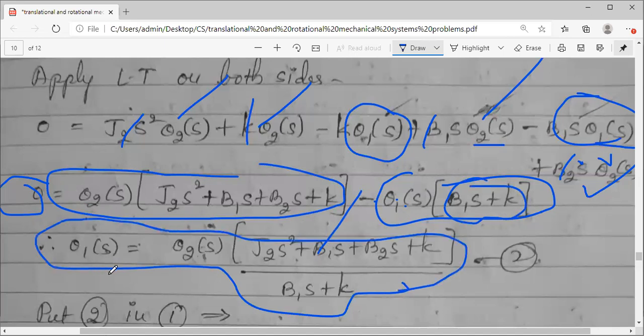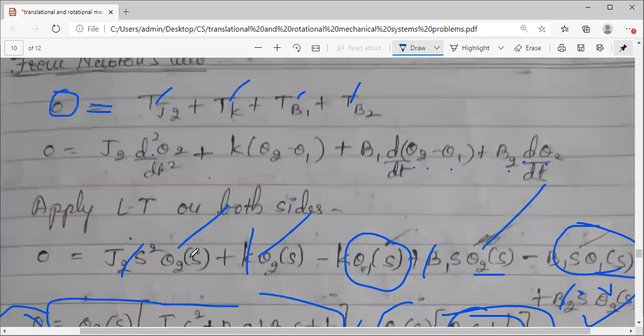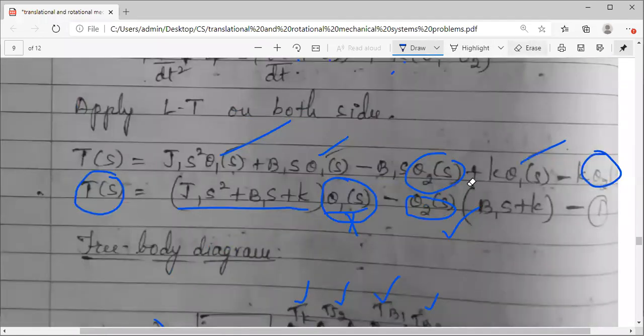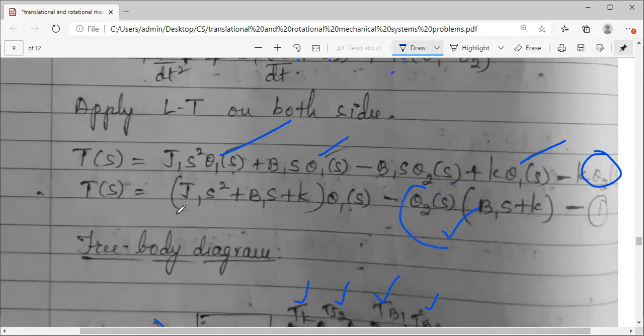This is theta 1. Now why do I want theta 1 only? Why have I not found theta 2? Because if you see, when we found the first equation, we want theta 2 by T. But here in this equation, there is one additional term. We want to eliminate this. So for that, take the replacement of theta 1.